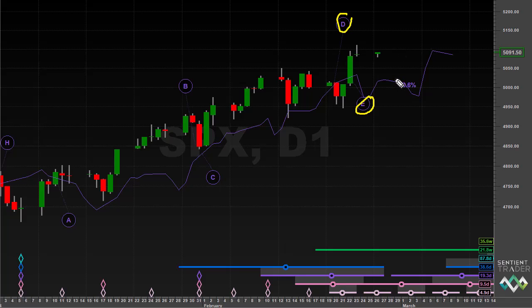An interesting extra detail in Sentient Trader is that it actually rates the current sequence of interactions, which presently for the interactions with the 20-day cycle is 80.6%. That is a subject for a separate video, but that's a high rating for this current sequence of interactions, indicating a good degree of confidence in this sequence of interactions with the FLD.